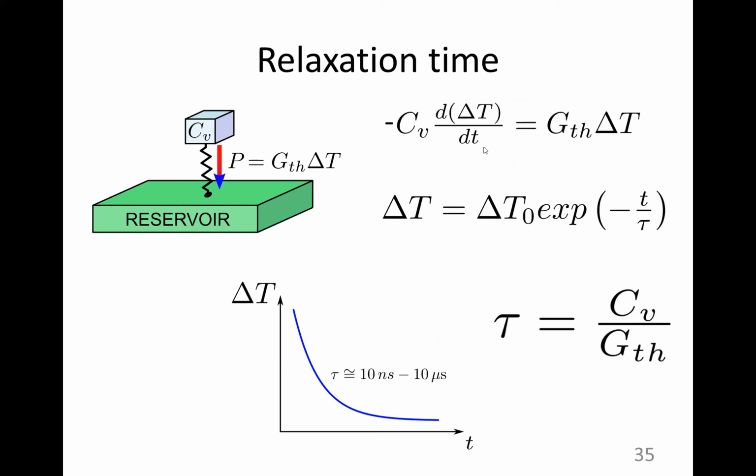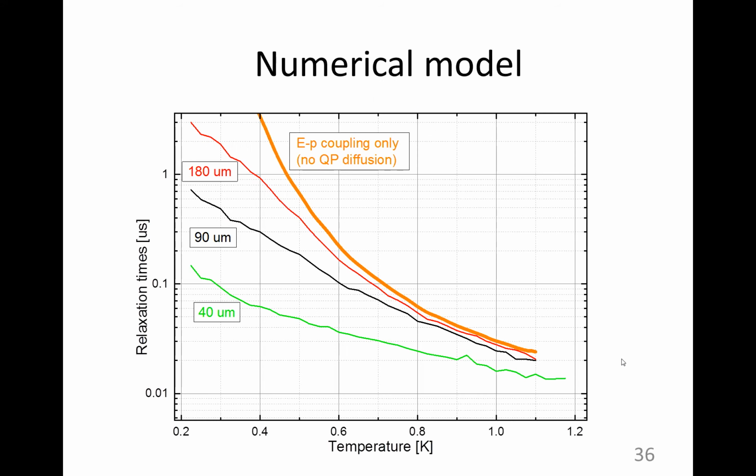So as I said, the relaxation time is given by heat capacity and thermal conductivity. To account numerically for this relaxation, we also prepared a numerical model based on the heat differential equation that I have shown previously.